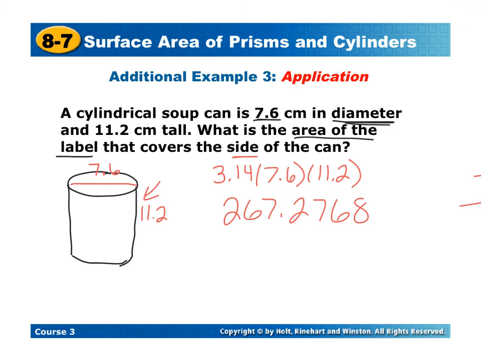And if we're going to go ahead and round to the nearest hundredth, remember we look at that 7, here we have that 68 or 6, which is going to tell us to round up. So I would say that our rounded value answer should be 267 and 28 hundredths centimeters squared for just the side of the can.